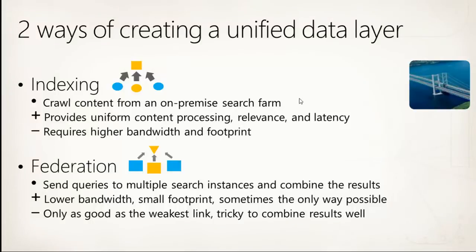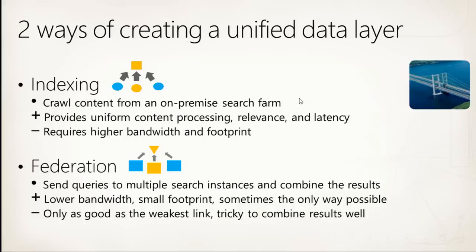What indexing does is bring back from a source system content that then fits into typically an on-premise farm. And it has a lot of advantages. You can normalize the metadata, you can do relationship and entity extraction as you're indexing, no matter where it comes from.